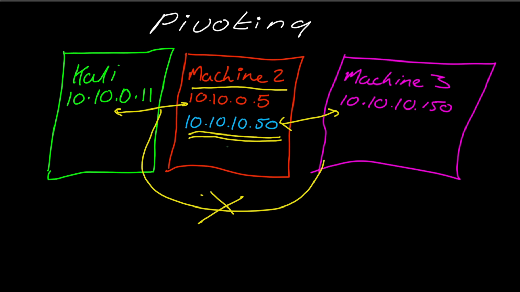So let's say we're on machine 2, we run some Nmap scans and we notice that port 8080 is running some web instance on this machine. From this machine, we can access it. We can run curl, but we might not have any browser functionality on this second machine.